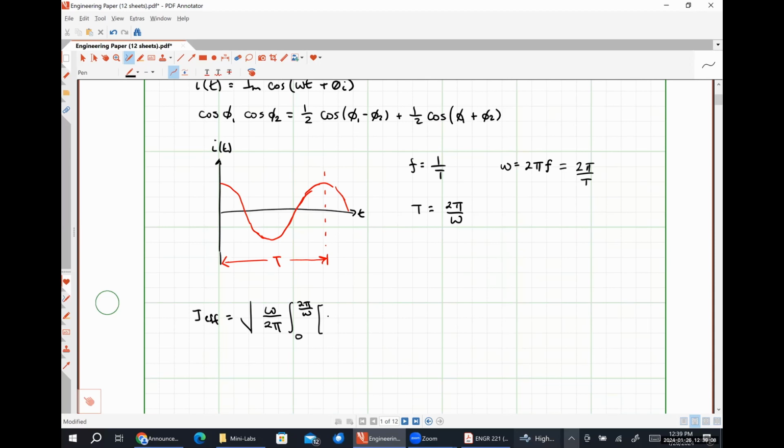So that's going to look like 1/2 times the magnitude of our current waveform squared plus 1/2 times the magnitude of our current waveform squared times cosine of twice omega t plus twice theta_I. And all of this was integrated with respect to time.